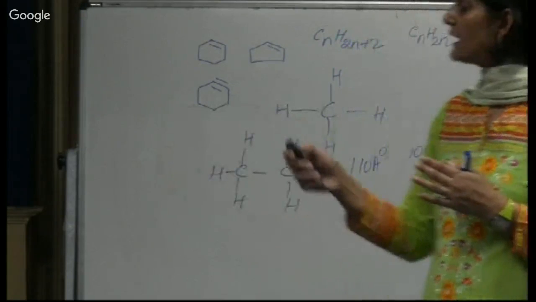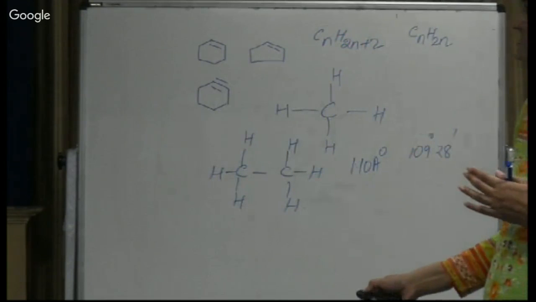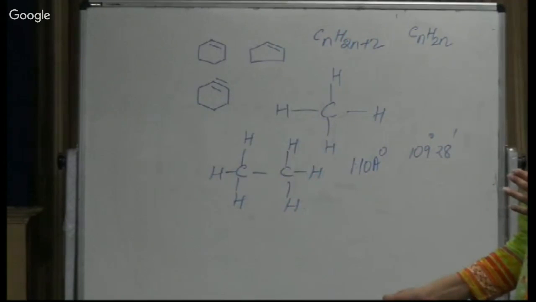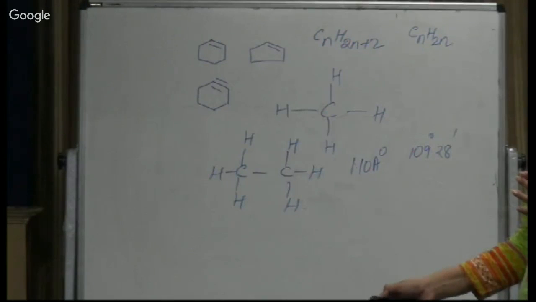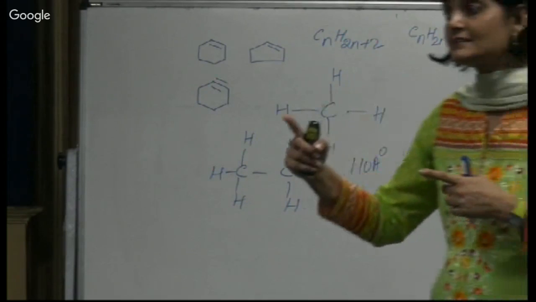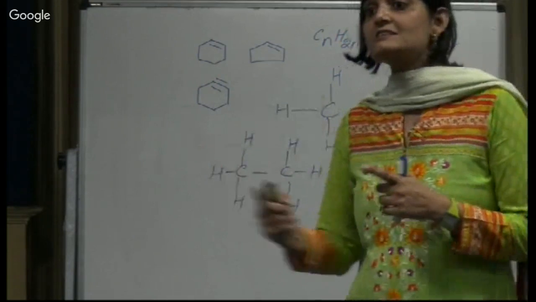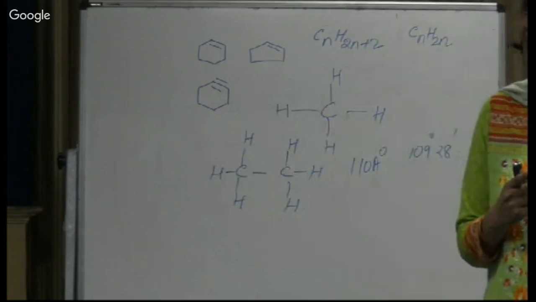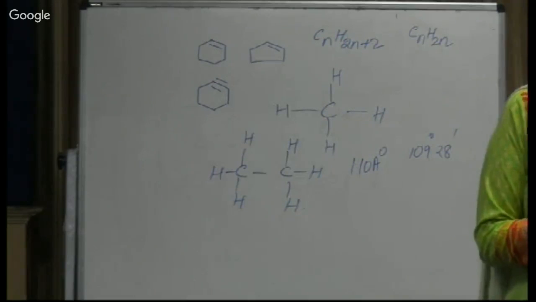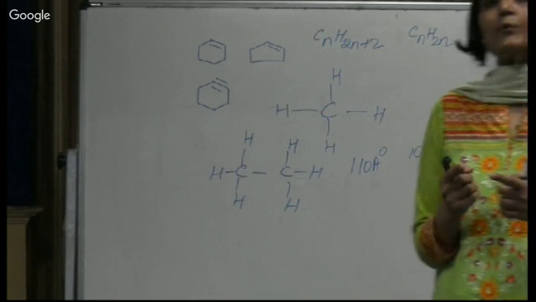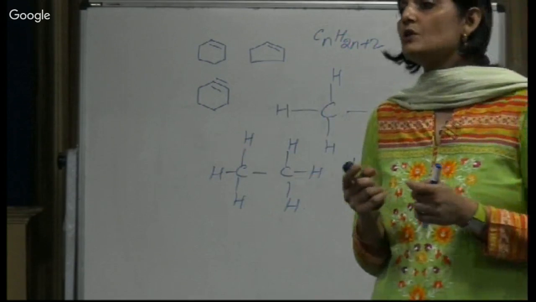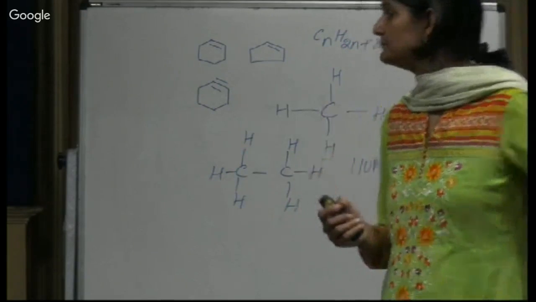If you look at the 3 compounds that I have listed here, heptane, octane and nonane, you find that as the carbon chain increases, the boiling point progressively goes on increasing because the size is increasing. As the size increases, the intermolecular forces of attraction are increasing, and as the intermolecular forces of attraction increase, the boiling point of the organic compound goes on increasing, right?